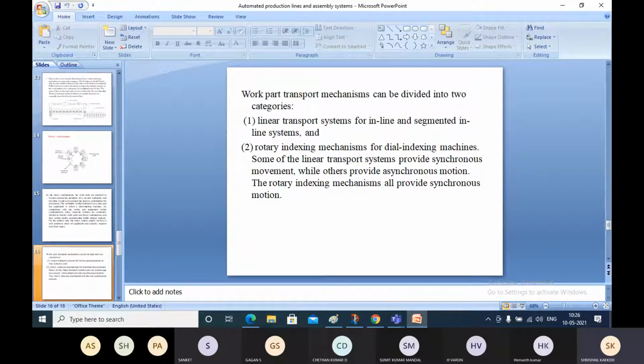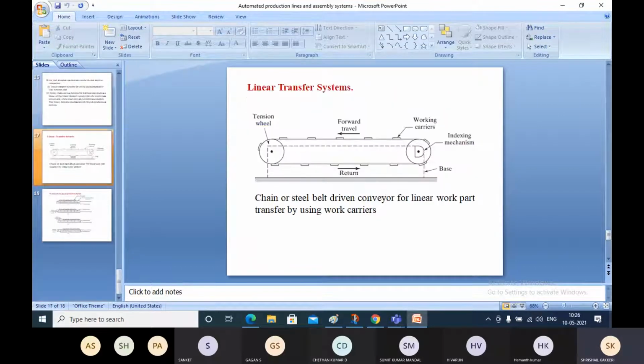And another one is the rotary indexing mechanism, the dial indexing mechanism, which I have already discussed. Linear transfer systems may be steel belt conveyors, canvas conveyors or chain conveyors. In its very simplest form, there will be a frame, and there may be a number of workstations in between, and this endless chain conveyor or steel belt conveyor will be rotating.